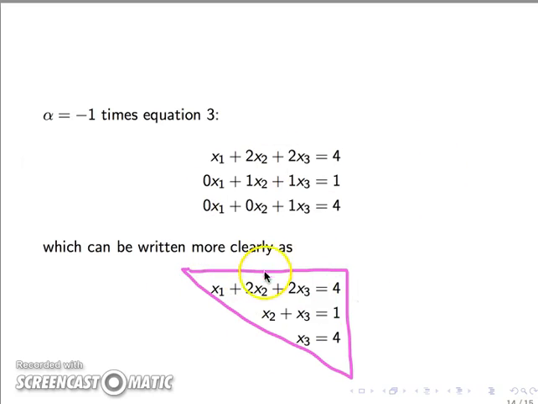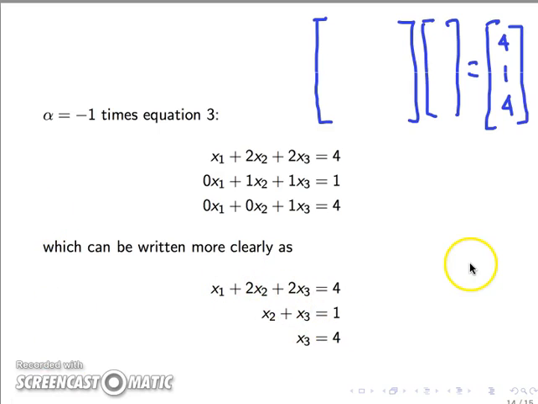Okay, so in fact, if we were going to write the matrix form for this, the matrix vector form for this newer system is going to be the following. On the right side of the equations, the b1, b2, b3 are 4, 1, 4. We have 3 variables, right?